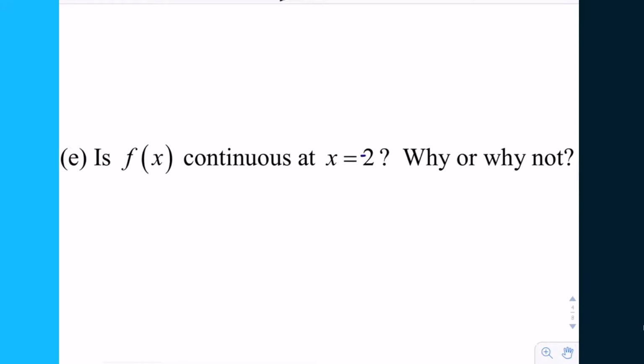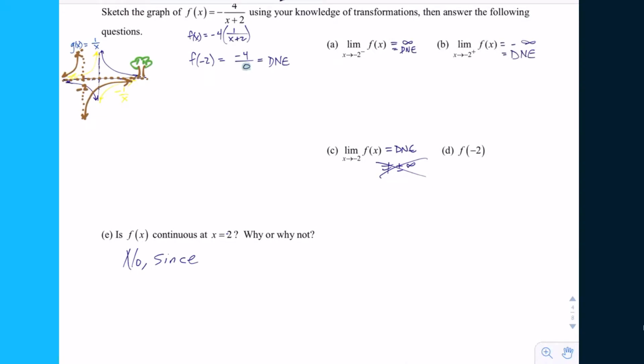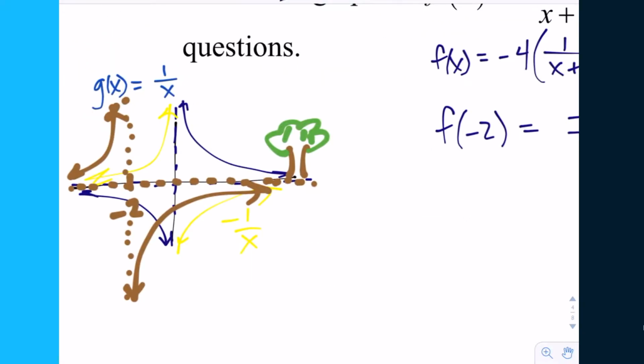So is f continuous at -2? No. Since what? What's the easiest way? If we need both a road and a bridge and a road all connected to cross, do we have any of those things? No. As we have the road coming in towards the canyon, the vertical asymptote, it kind of freaks out and goes up and runs now parallel along the canyon. Stupid road.